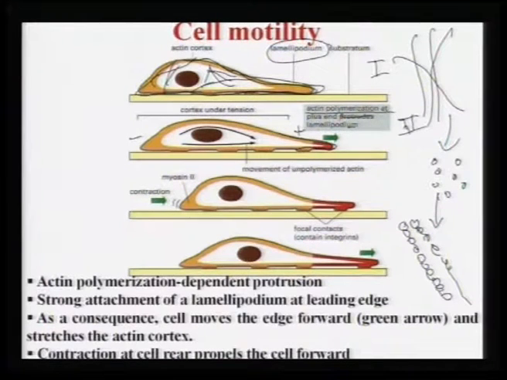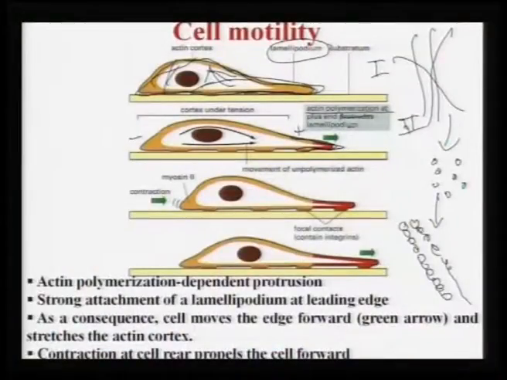That is exactly what is happening in this lamellipodium area: at the leading edge of the cell, actin repolymerization occurs. That means this macromolecular structure again forms from the actin monomers. Therefore, the movement of unpolymerized actin also takes place here, just because of space accommodation.